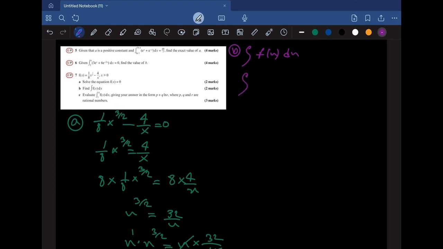We know the function was 1 by 8 x^(3/2) minus 4 by x, right? So if we start integrating it, it will become like this. We know this is x^(3/2) divided by 8 minus 4 by x, right?